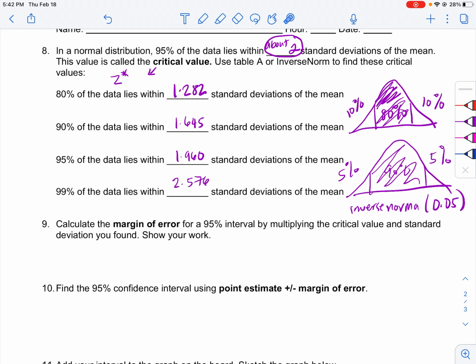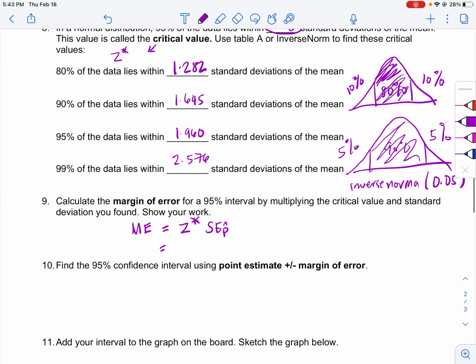Calculate the margin of error for a 95% interval by multiplying the critical value and the standard deviation you found above. So margin of error, I'm going to call it ME. Margin of error is the critical value. Remember, critical value is a Z star times the standard deviation. Standard deviation is SE of P hat, right?